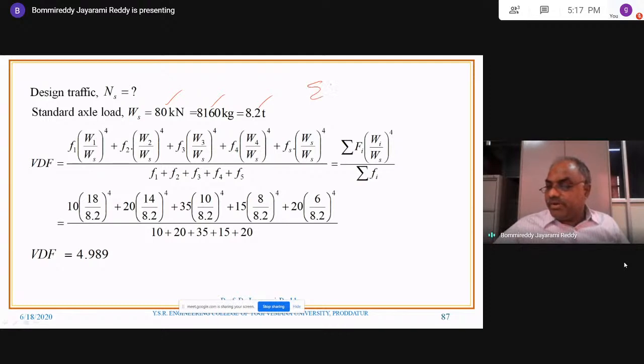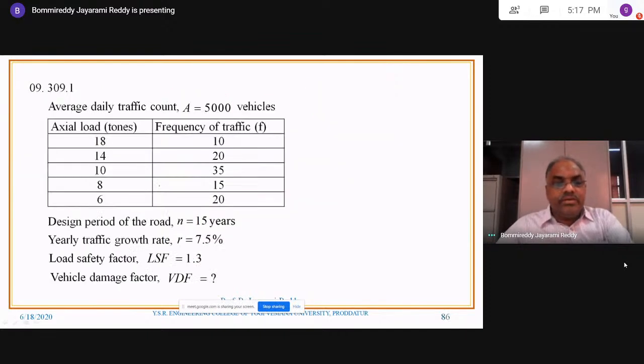It is sigma Fi Wi by W standard, divided by sigma F, whole to the power 4. So what you do, there are different classes of vehicles. How many classes of vehicles are there?